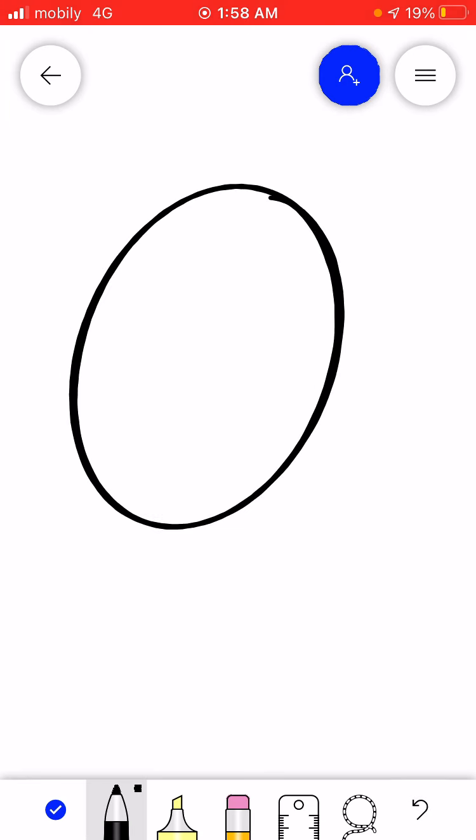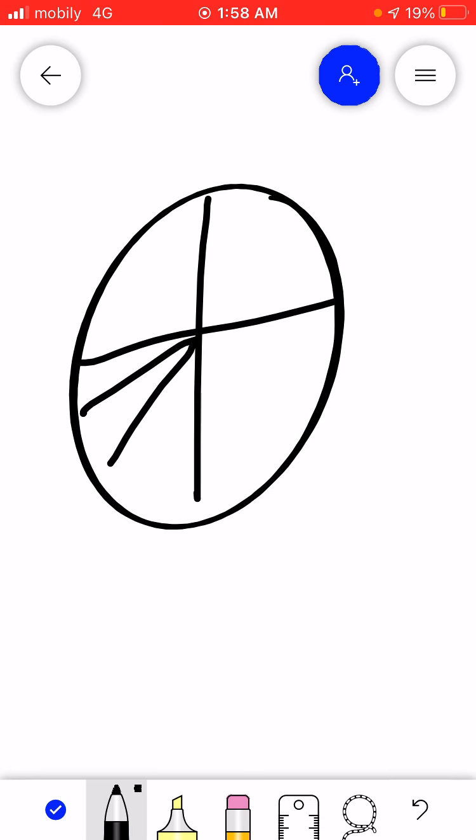So this one is 210, this one is 225, this one is 180 plus 60, and that one is 270. All right, so 225 is already answered.